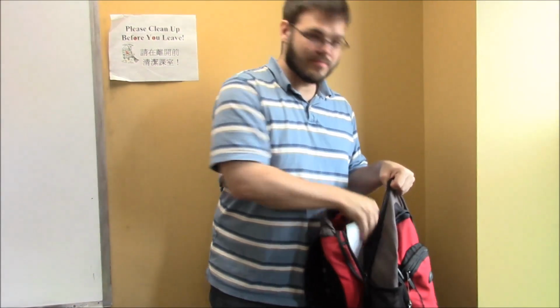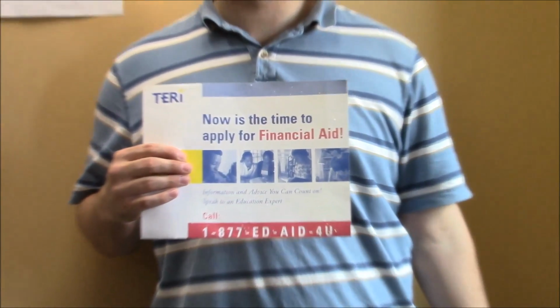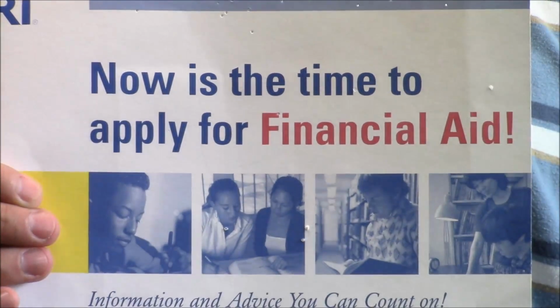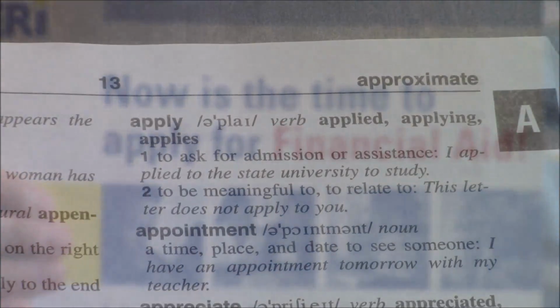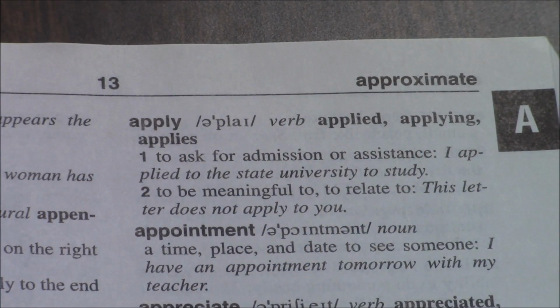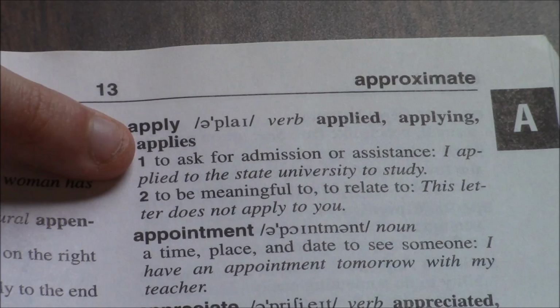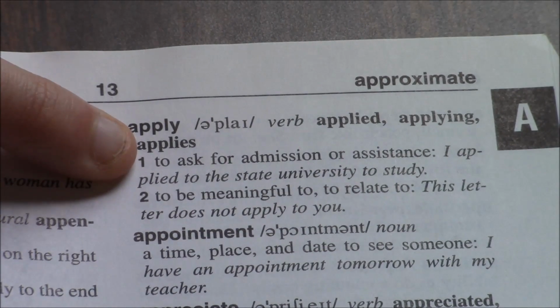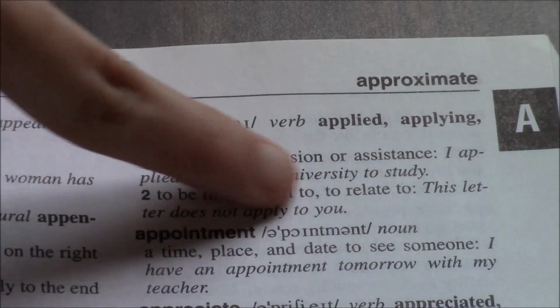Start with the meaning that you need now. Where did you find this word? Okay, so the meaning you want is this first one, to ask for admission or assistance. You should copy this meaning and this example.